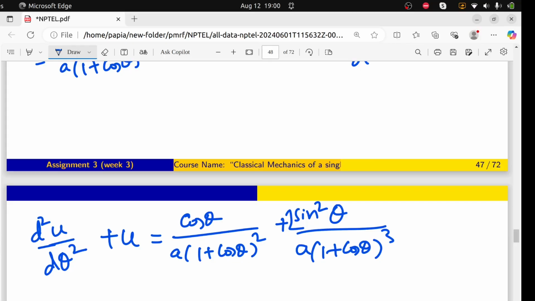So this is u double prime, plus 1 by a into (1 plus cos theta).